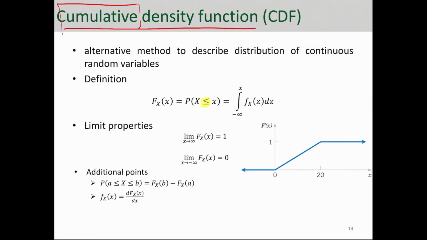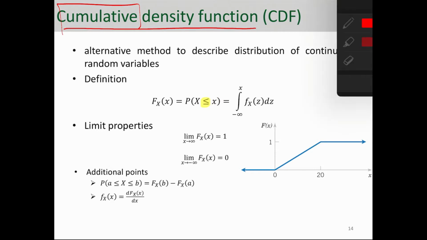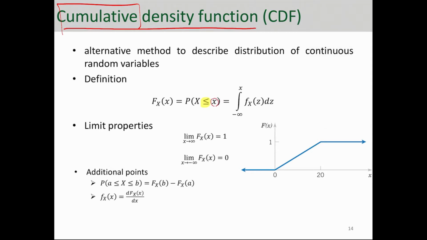the probability of X less than or equal to x. So it's accumulating all the probabilities until point x. How do we calculate that? If you're calculating the CDF for point x, you're integrating up to point x, from negative infinity, or the beginning point of the range of that random variable.